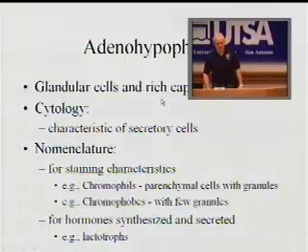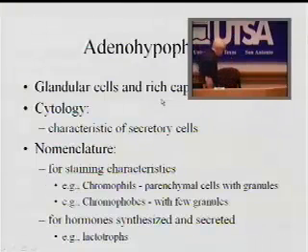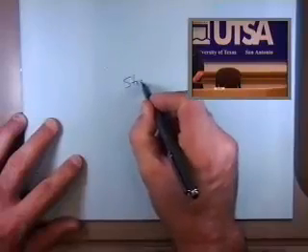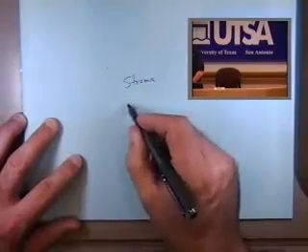First, we want to remind ourselves of the two components of any organ. I'll just use my pen for the camera system here. The two components of any organ are its stroma and parenchyma.